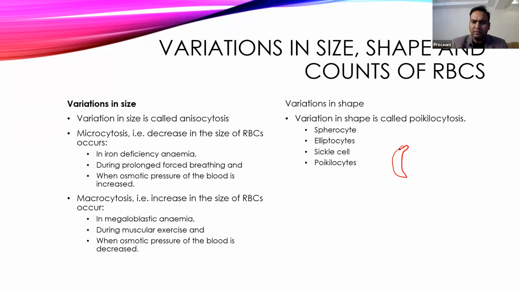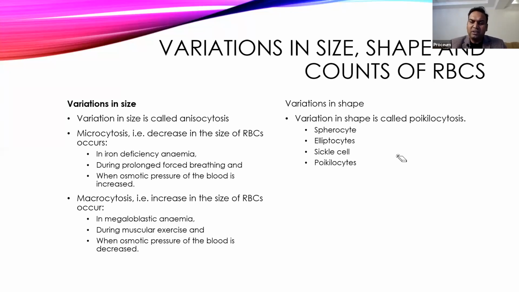And this crescentic shape, as it becomes rigid, they get trapped in the small capillaries, and it starts destruction of the RBC. Not only that, but it also sometimes causes infarction of that organ. This is called sickle cell crisis.